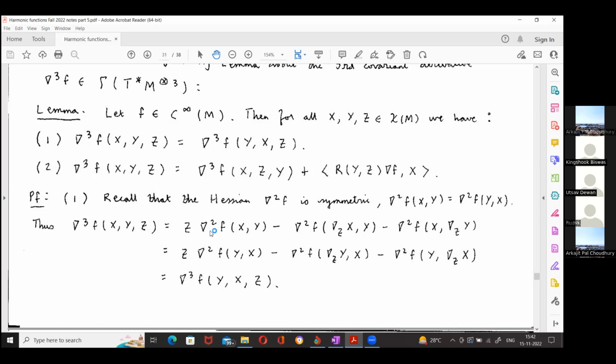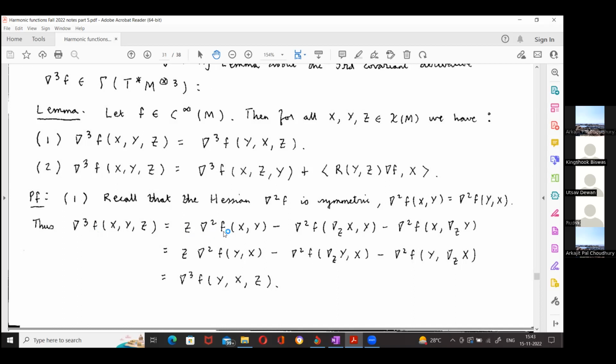This is going to be z of nabla squared f of x, y, minus nabla squared f of nabla_z x, comma y, minus nabla squared f of x, comma nabla_z y. This is by definition of the covariant derivative of nabla squared f. Nabla cubed f is nabla of nabla squared f, so I'm just using the formula for nabla T, right?